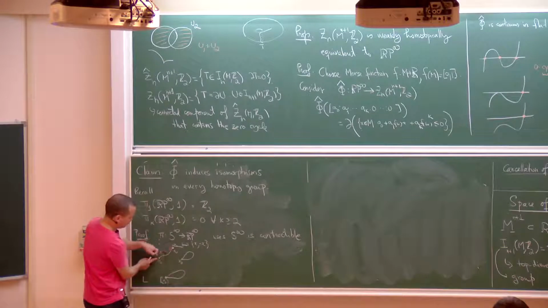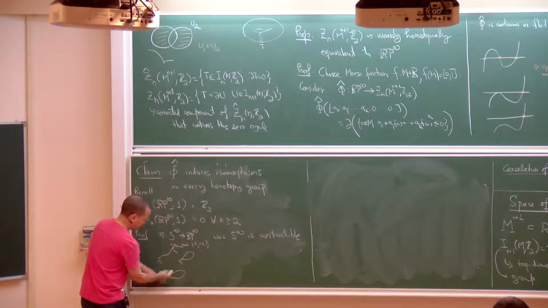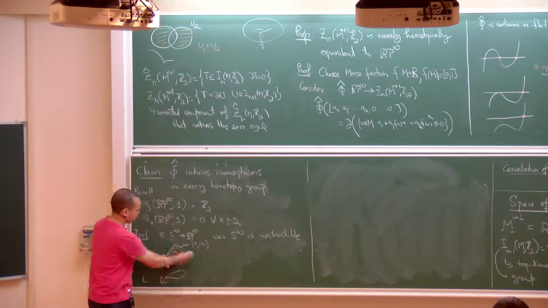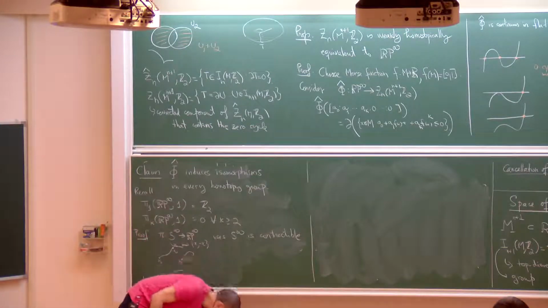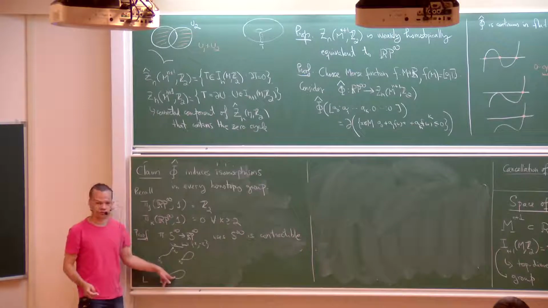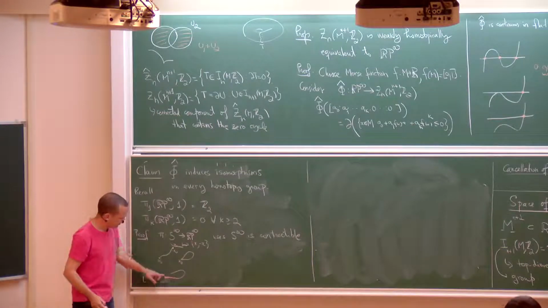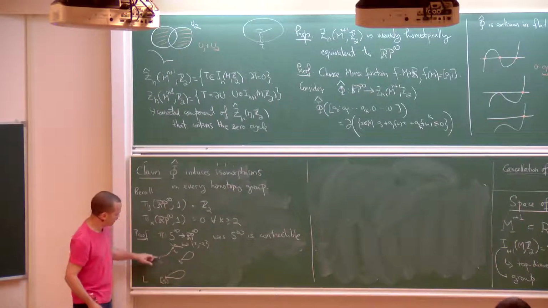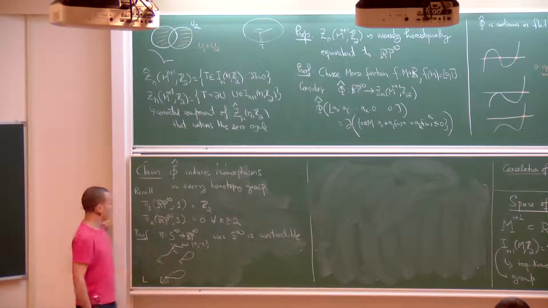If the lift is open, this means that this path is non-trivial homotopically. And if it's closed, because the sphere is contractible, the loop downstairs has to be trivial. So that's how you detect whether a loop is trivial or not. You just look at the lift and see whether it is open or closed.